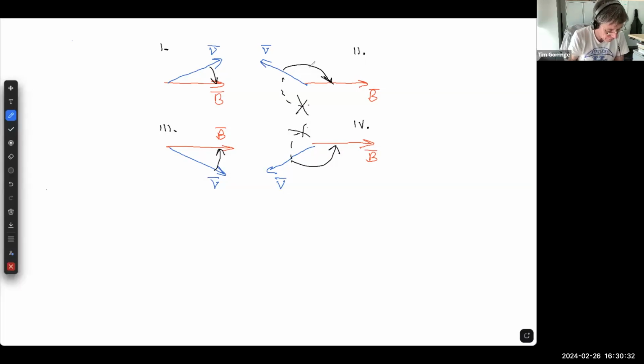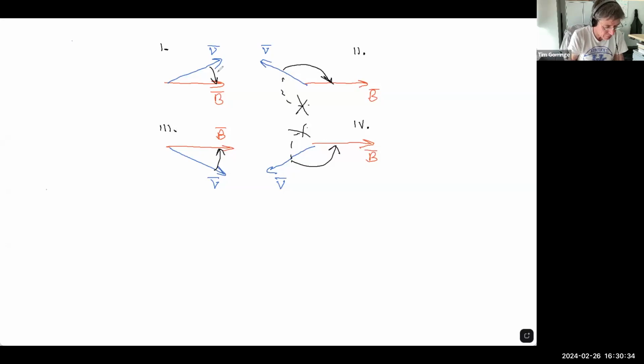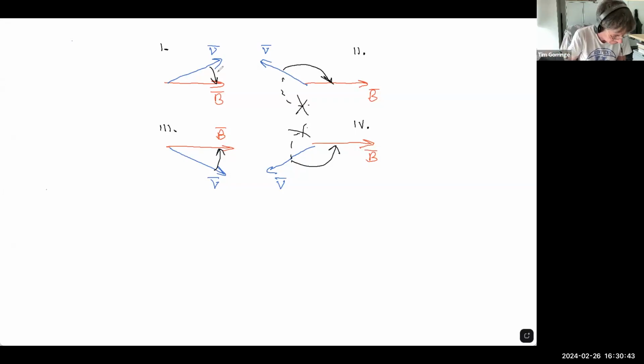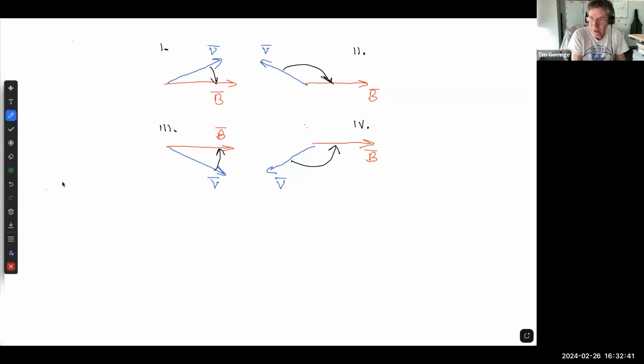So these four arrows indicate the four directions to head in as you curl the fingers of your right hand towards the magnetic field vector. If I go ahead and do that with my right hand, I find that for the first sketch, sketch number 1, if I curl my fingers from the direction of V to B, my thumb is pointing in towards the screen.